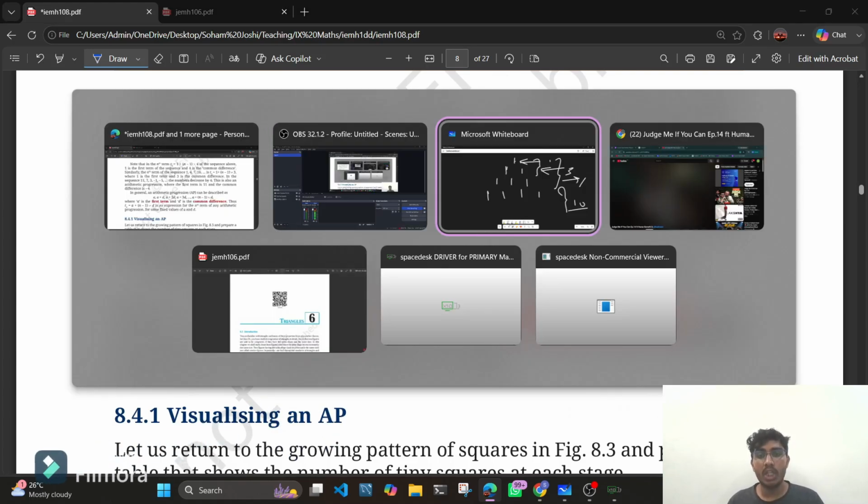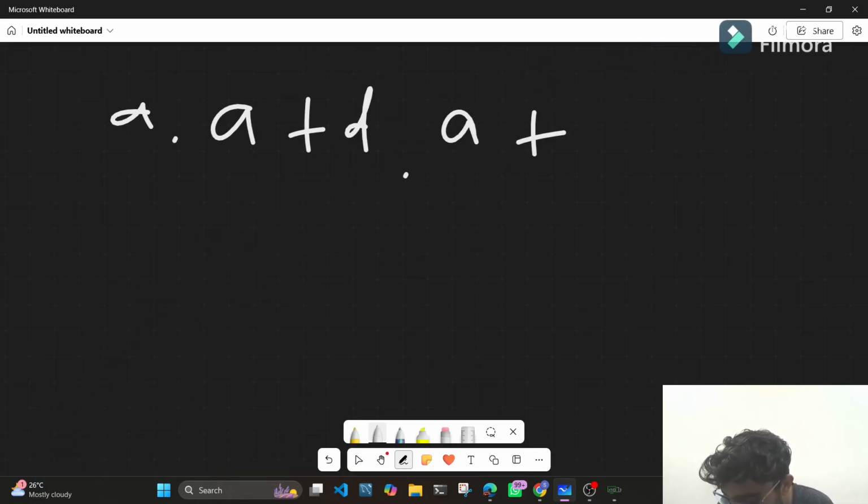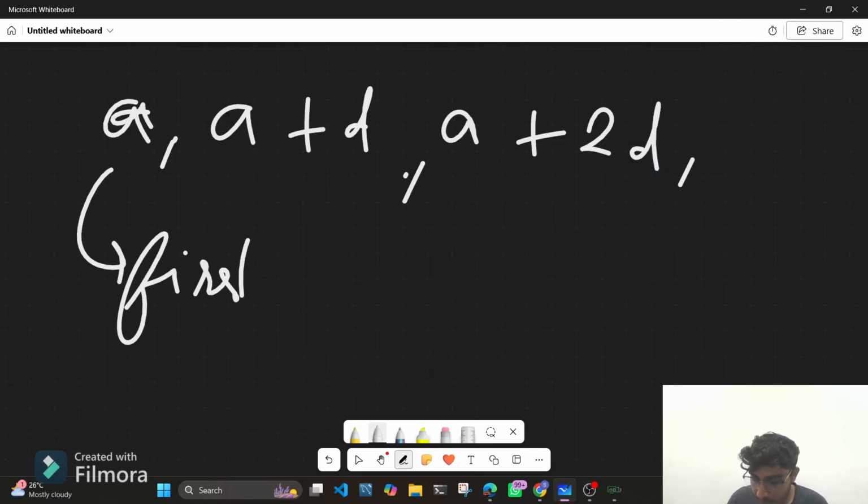So in general, we can write arithmetic progression as A, A plus D, A plus 2D. We can say that A is defined as the first term.